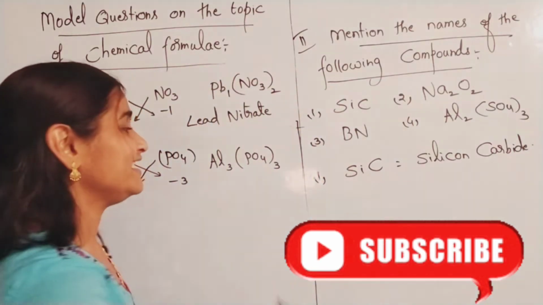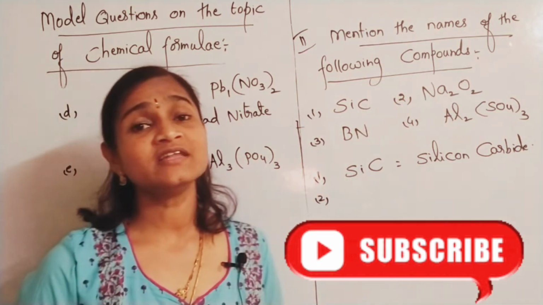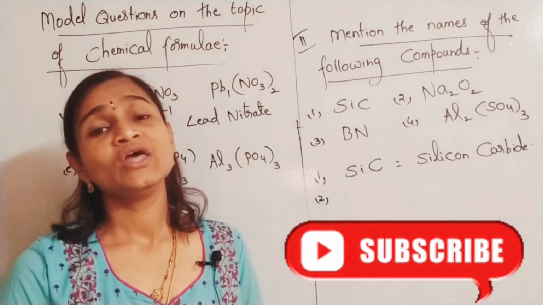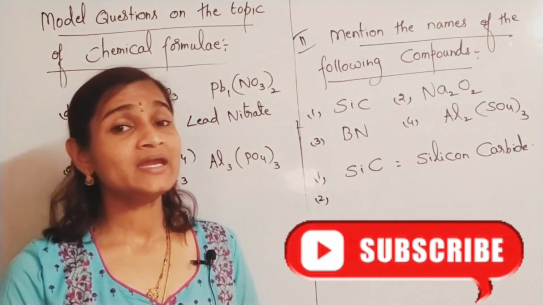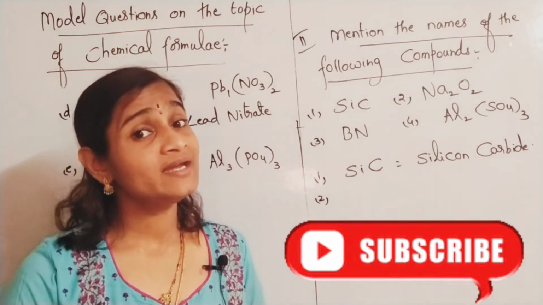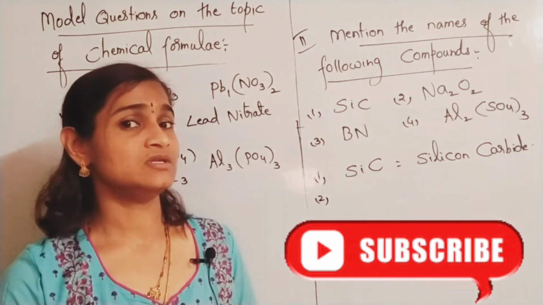And Na2O2. See children, if O2 you are finding, generally you will remember it as what type of ion it is? Yes, peroxide ion. Recall the ions of oxygen.